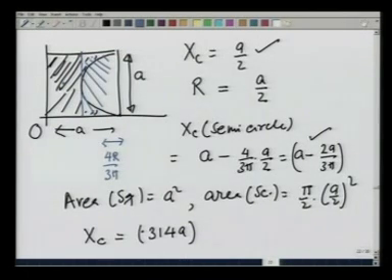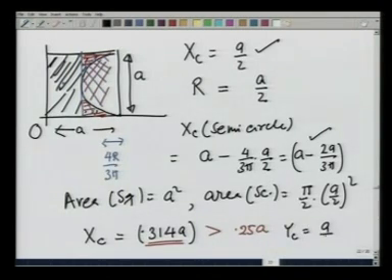But because of this extra area which I am showing here to the right, the centroid shifts slightly to the right and is at 0.314 a, which is greater than 0.25 a. That would have been the case if I had removed this entire half of the circle. Y coordinate, obviously because of the symmetry, remains at a by 2.